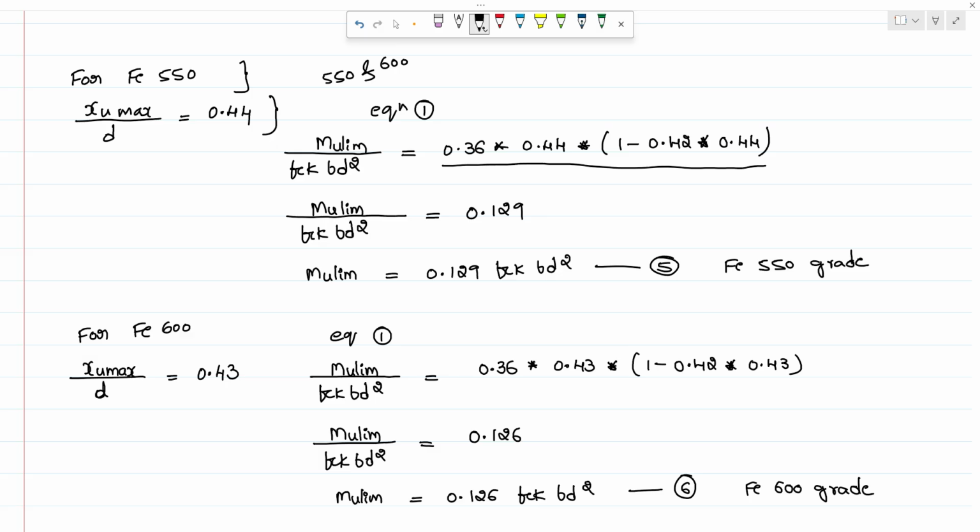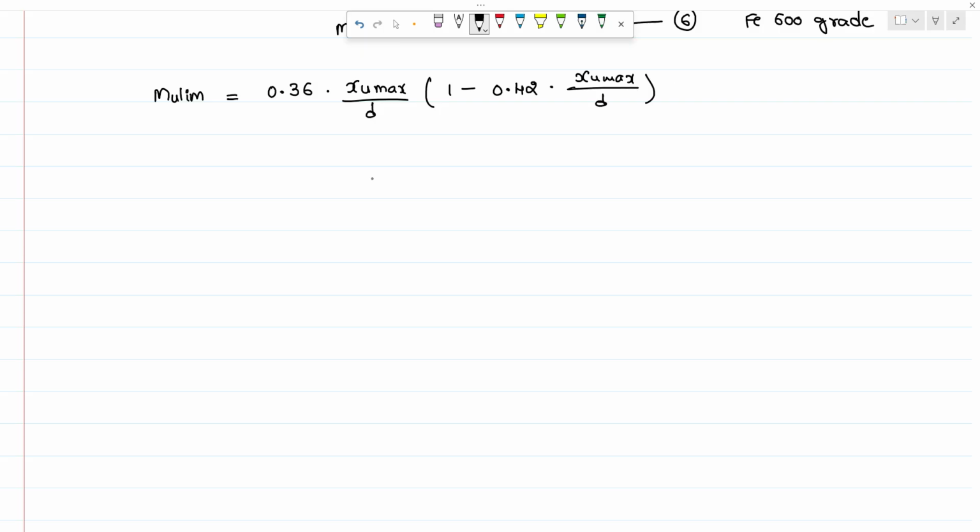So let me just summarize this. First I have a reference equation for mu limit. It is 0.36 into XU max divided by D into 1 minus 0.42 into XU max divided by D into FCK BD square. This equation is available in IS 456.